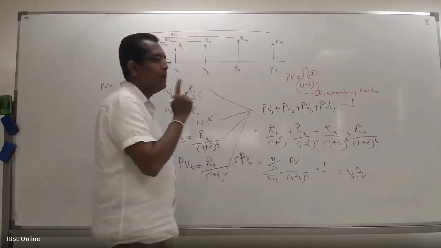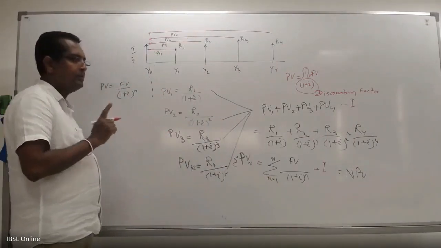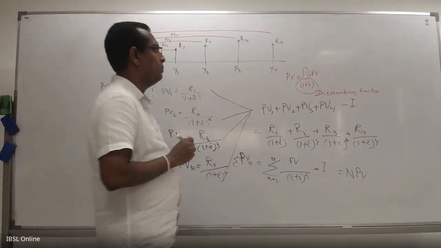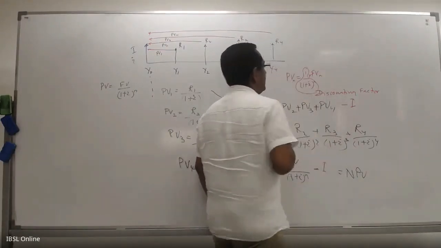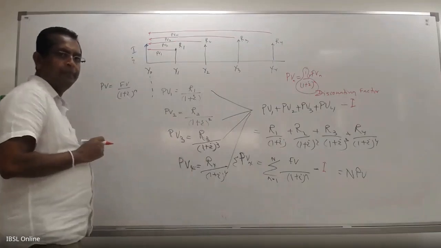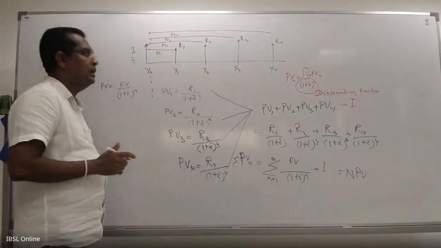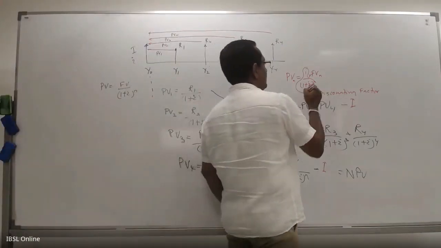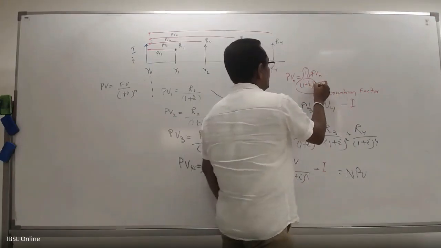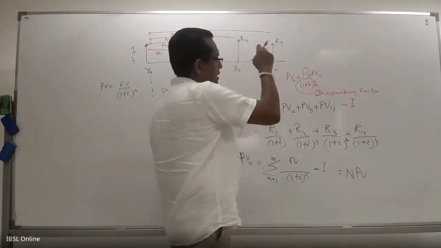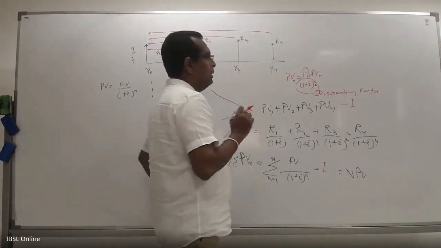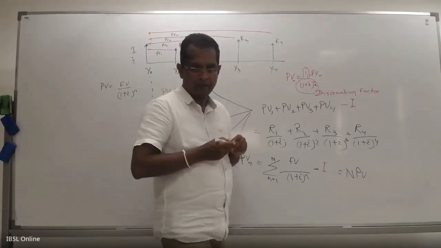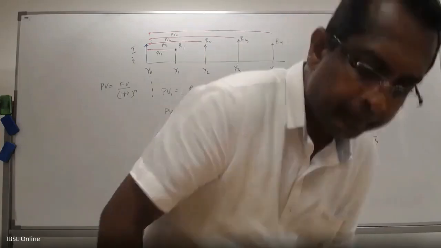Right? 1 divided by 1 plus I to the power n here, always n. If it is the first year, n is 1. If it is the second year, n is 2, like that. This factor, 1 divided by 1 plus I to the power n, is called the discounting factor.